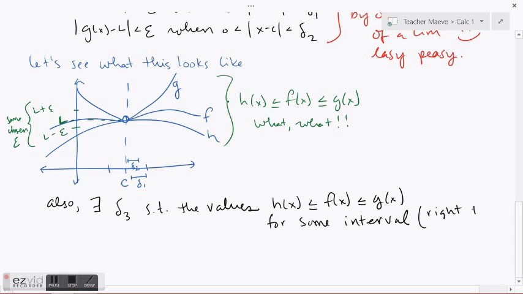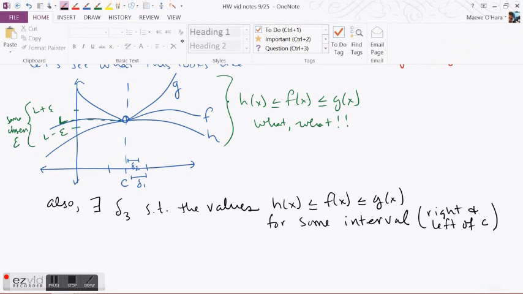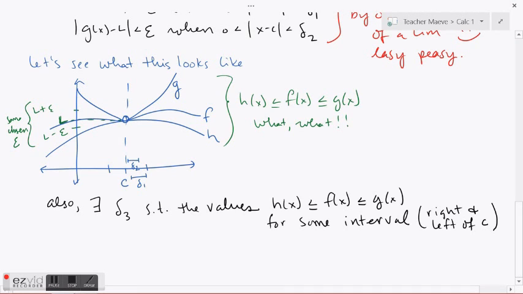The h has to be less than the f, has to be less than the g, on some interval right and left of c. So c plus delta 3, c minus delta 3.